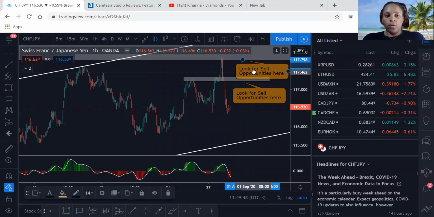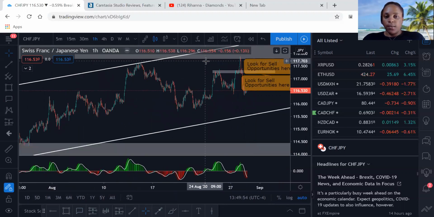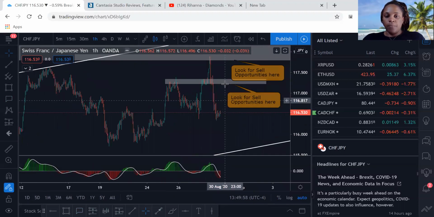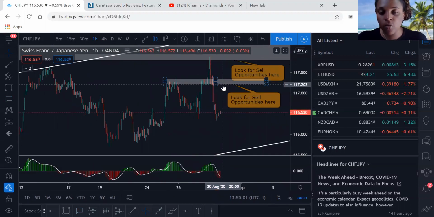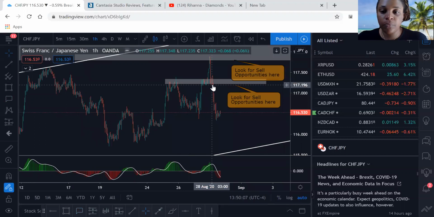So we already know that this is weekly resistance. Like I say, because this resistance zone is so close to the weekly, there's a possibility that it can test our weekly zone here and then drop.